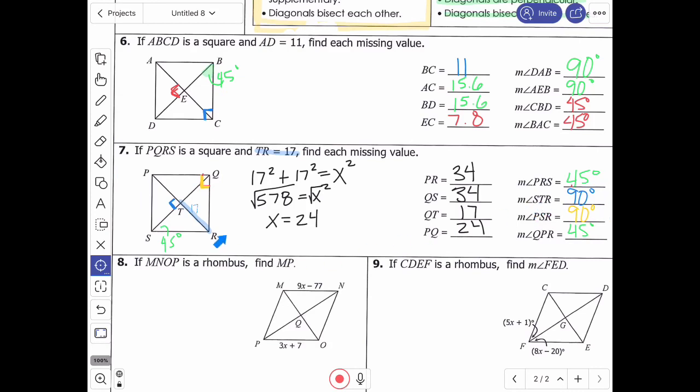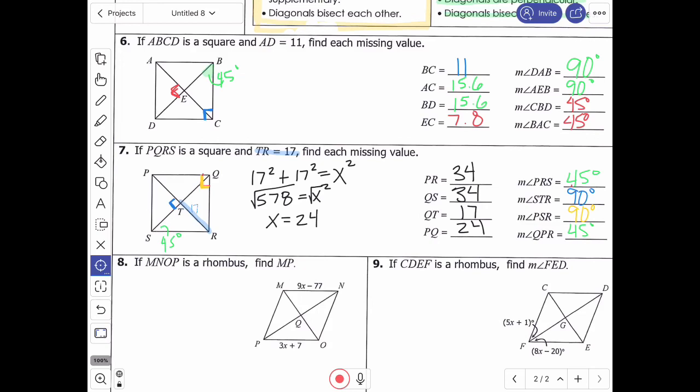STR is that perpendicular angle formed by the two diagonals, and then PSR is one of those right angles making up the square. And then QPR is one of those other angles that are being bisected, making that 45 degrees.